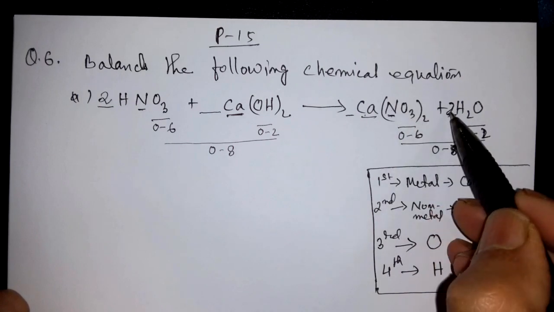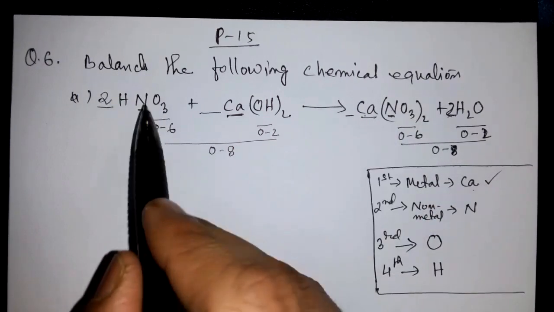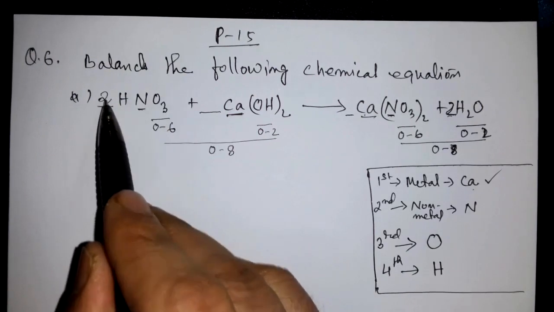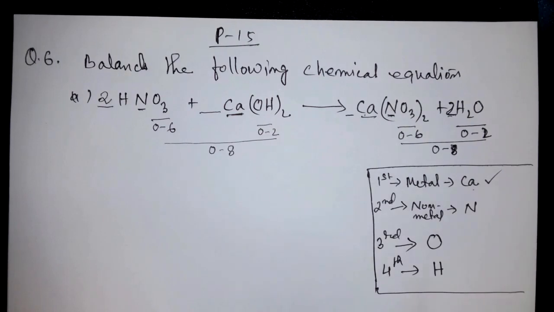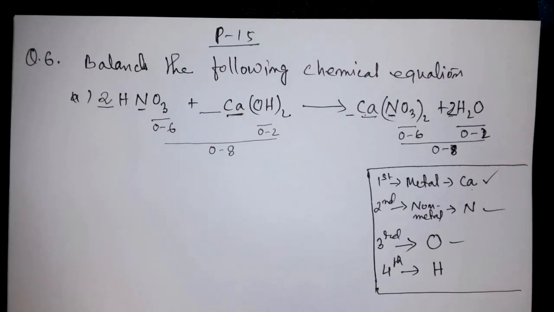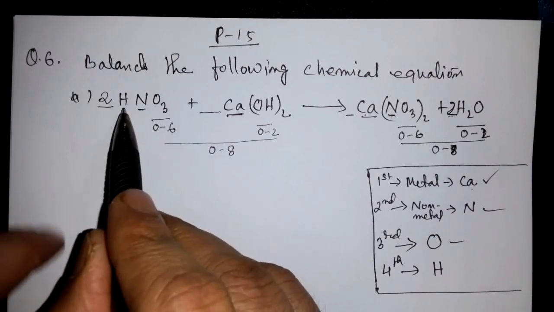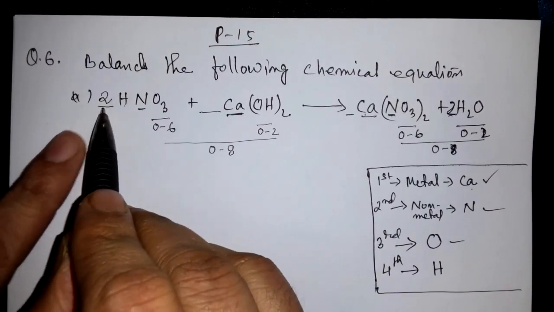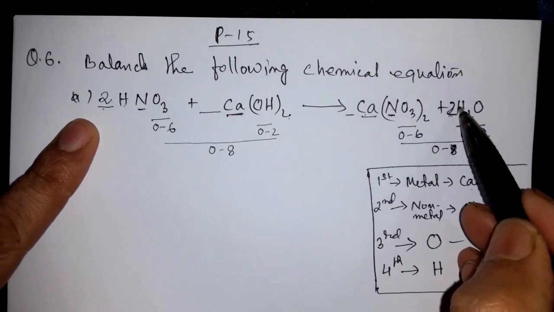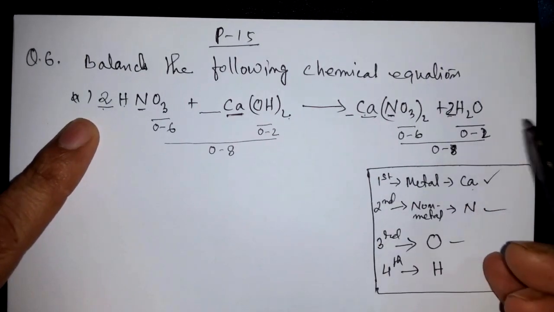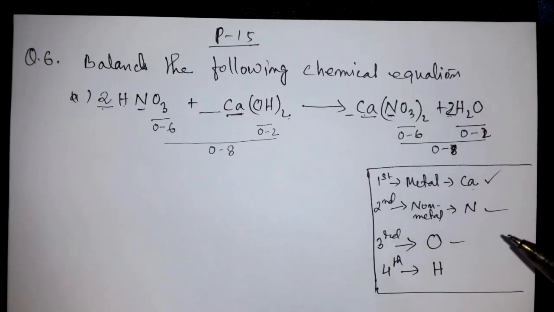So 6 plus 2, 8, and on this side, this oxygen is 3 into 2, 6. This oxygen is 2, so 6 plus 2, 8. So now all three are fine. Now hydrogen, let us check. So hydrogen here, this hydrogen is 2, this hydrogen is 2, so 2 plus 2, 4, and this is 2 into 2, 4. So for hydrogen, no point of doing anything, it is automatically balanced.